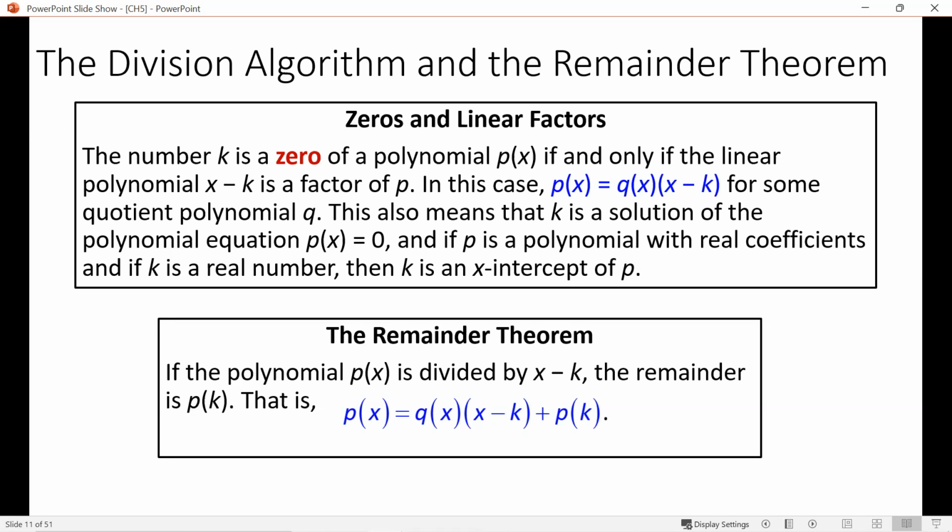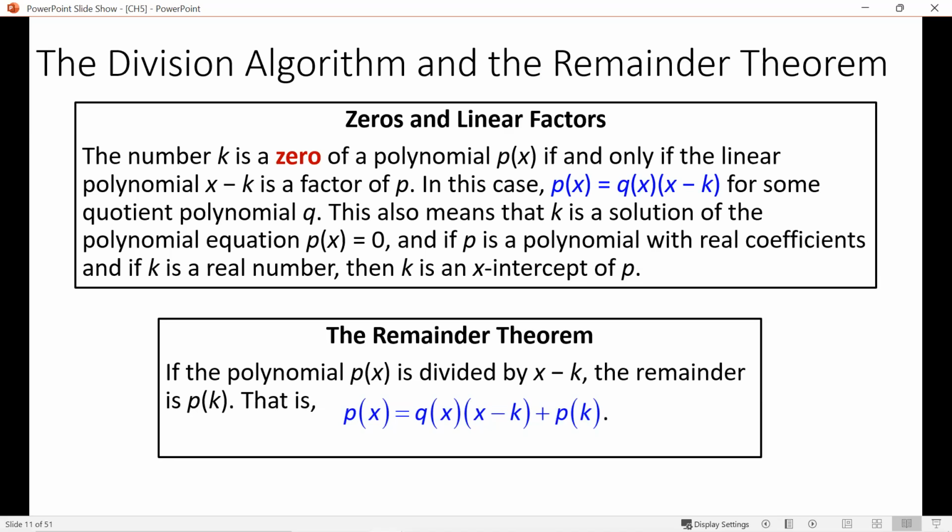So the number k is a 0 of a polynomial P if and only if the linear polynomial x minus k is a factor of P. That's kind of what we already know from when we have solved the equation P of x equals 0.